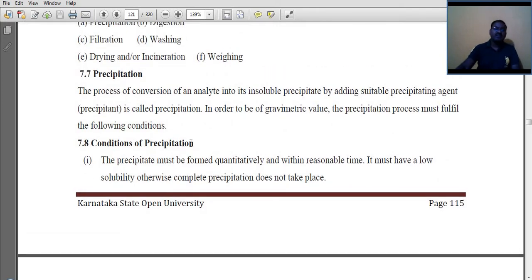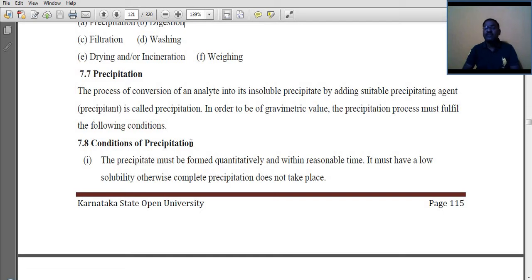Here, precipitation is the process of conversion of an analyte into its insoluble precipitate by adding a suitable precipitating agent.